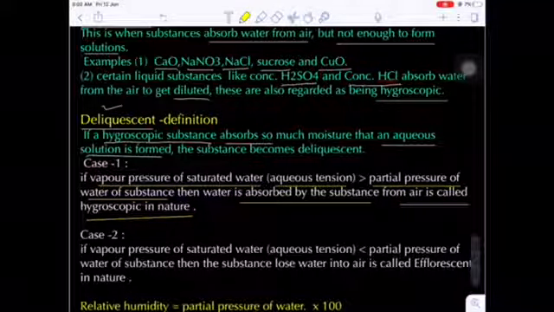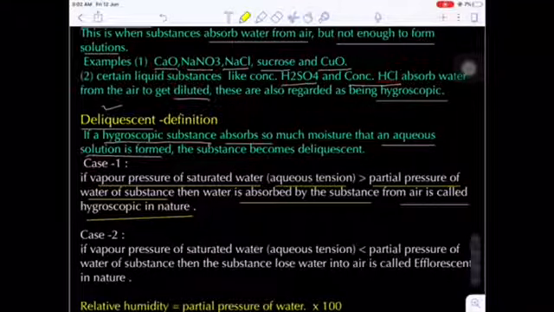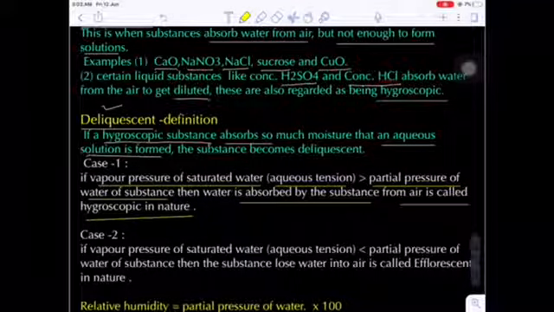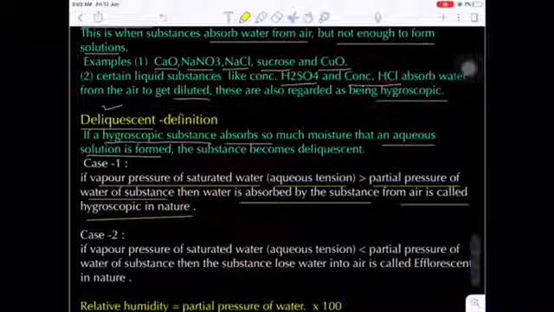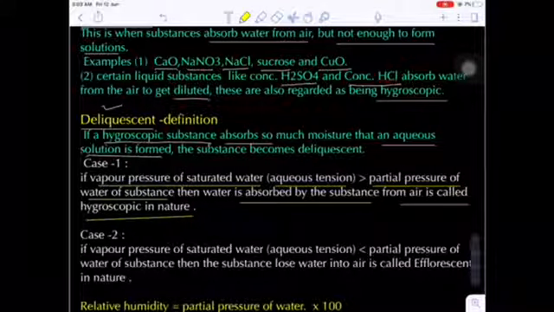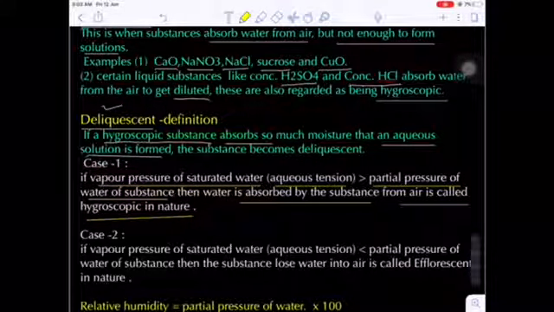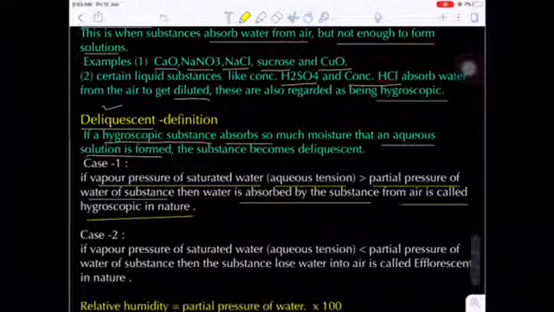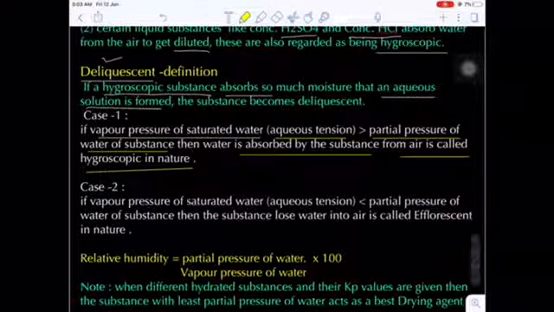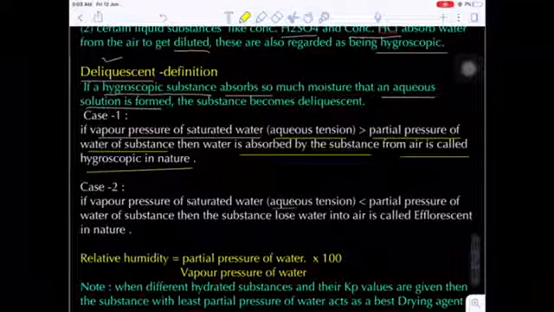Are you getting my point? If the aqueous tension or vapor pressure is greater than the partial pressure of the water of the substance, then the substance tries to absorb moisture from the atmospheric air and is known as a hygroscopic substance.